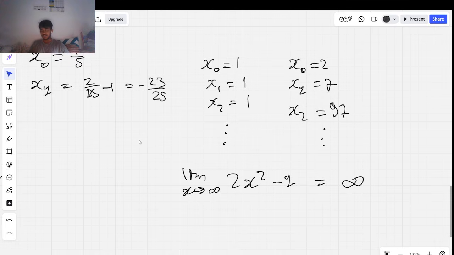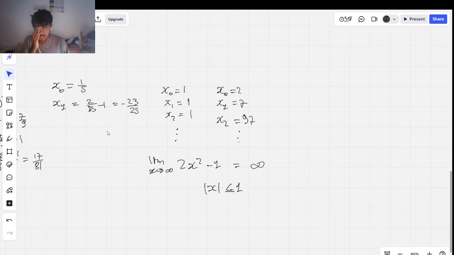That means that for you to have a periodic sequence, you must have the modulus of x less than 1. If you count 1, 1, 1, 1, 1, 1 as being a periodic sequence, then actually 1 is included. So that's very important. So that's some progress in this question.